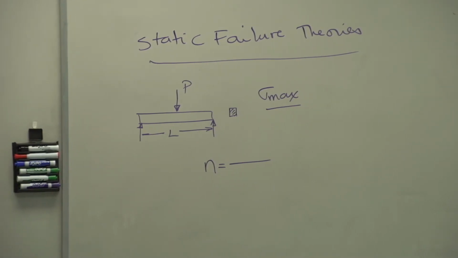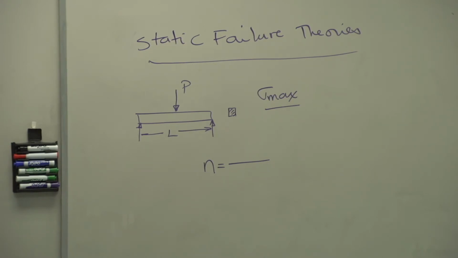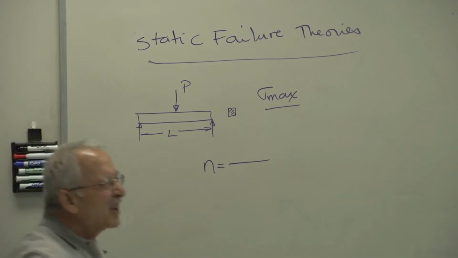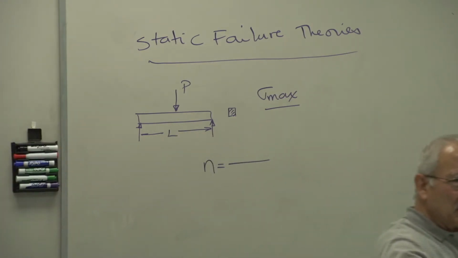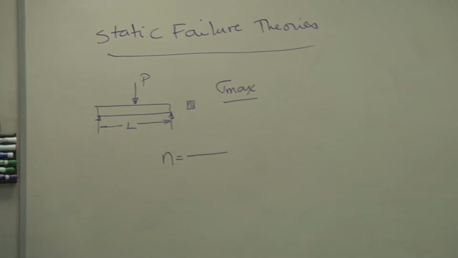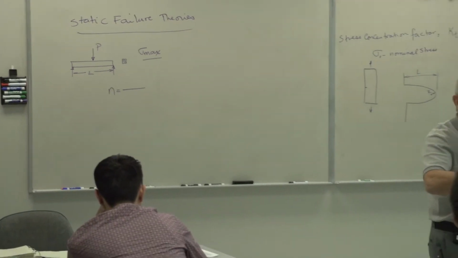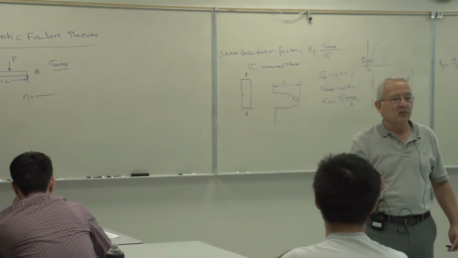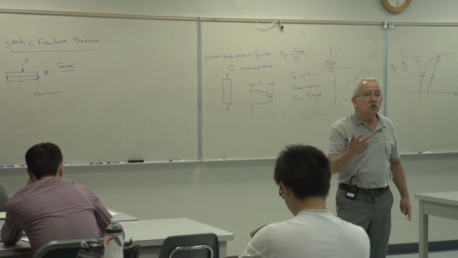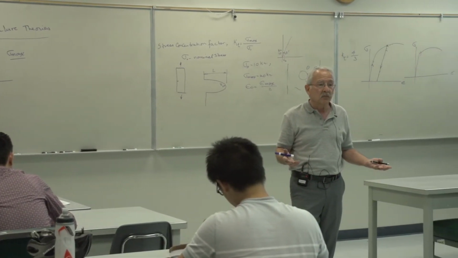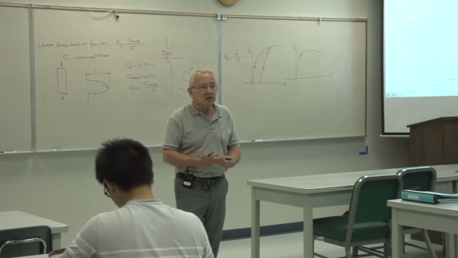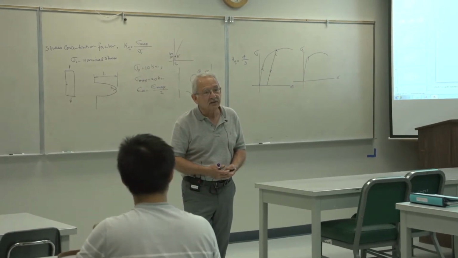Now this one you did, I know you did, so you better say something. Okay, not allowable, because allowable already has in it a factor of safety. So if you want a factor of safety of 2 with respect to yielding, then your allowable stress is half of the yield strength.